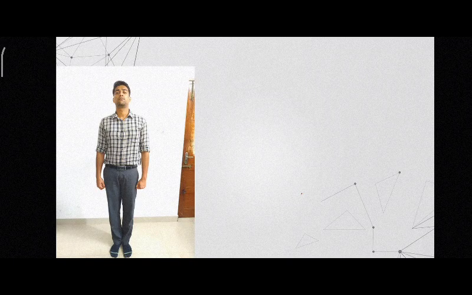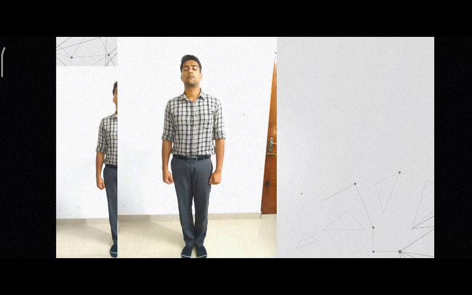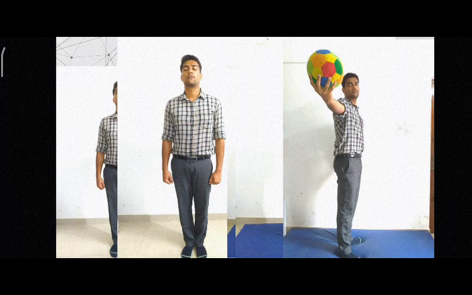So in this, the first thing which we will talk about is the gaze stabilization test. So again, the patient will be standing looking at you, and then we ask the patient to close their eyes. Then we will ask the patient to stand on foam with eyes open and then with eyes closed. Then we ask the patient to hold a ball or hold any object and follow the object which is moving.